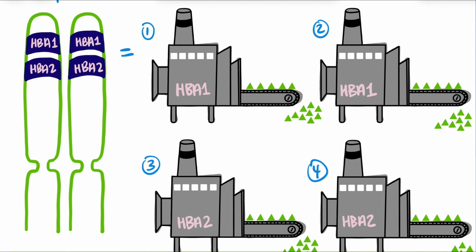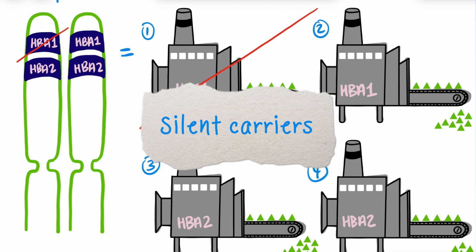The most common type of genetic change that lead to alpha thalassemia are gene deletions, and the severity of symptoms depend on how many copies are deleted. People with 1 gene copy deleted often experience no symptoms, and for this reason, they are commonly referred to as silent carriers.